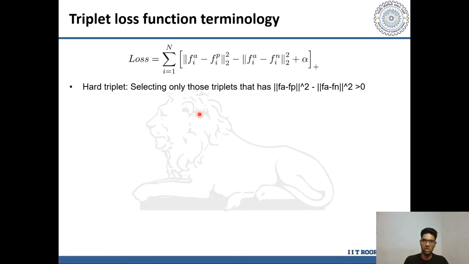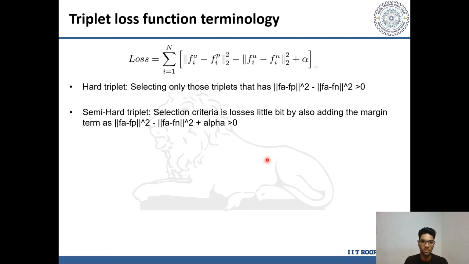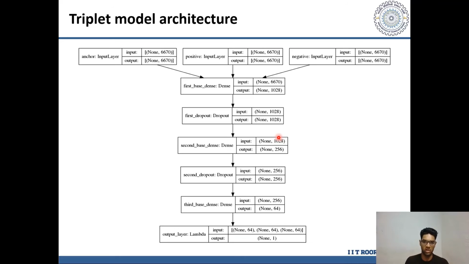Then it will decrease the overall loss function. So we select only the points which are hard to classify, where the embedding difference between positive and anchor is greater than 0. Semi-hard is where we introduce a parameter alpha, so we lower our threshold on which data points we want to select.